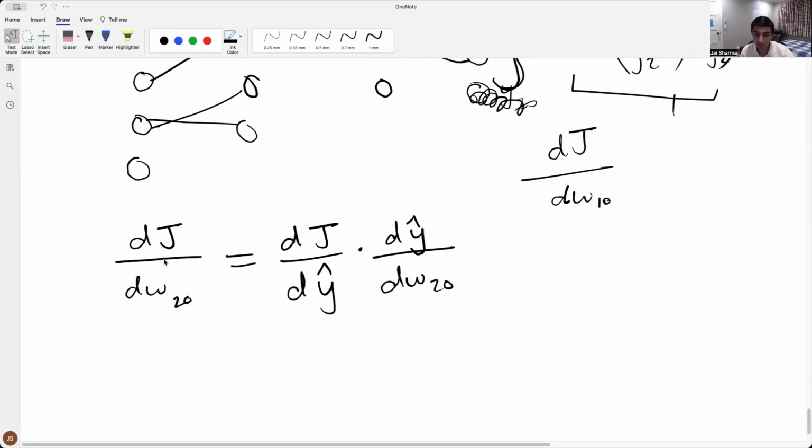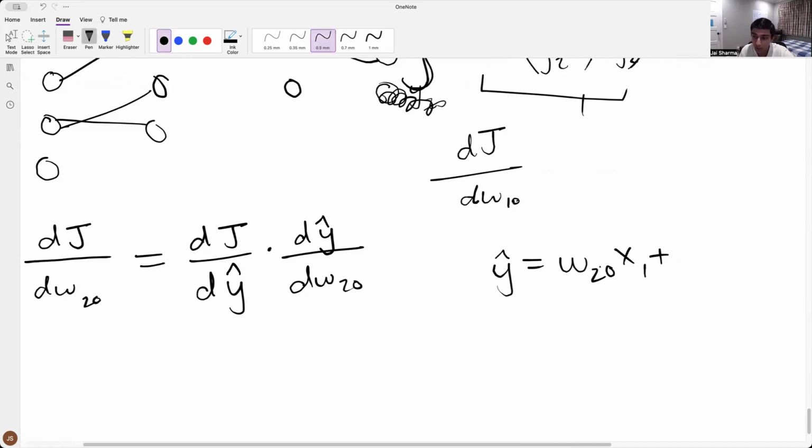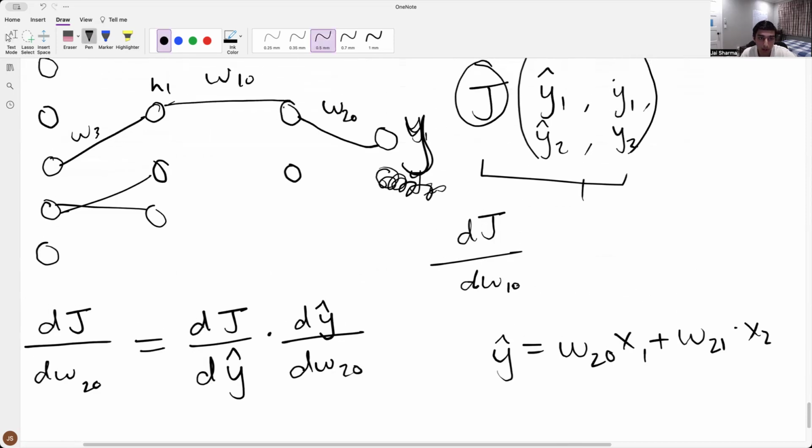And so concretely, if y hat was equal to W20 times x1 plus W21 times x2, where actually, let's call these H2, H3, H4, and H5.